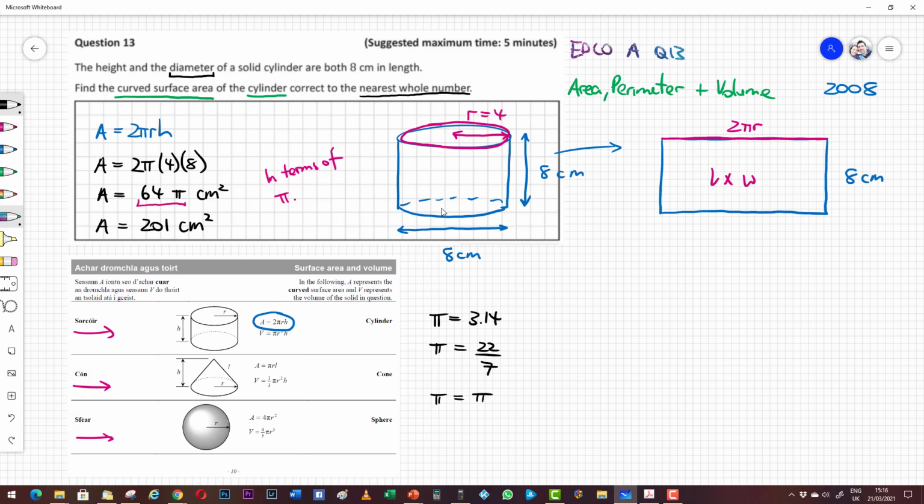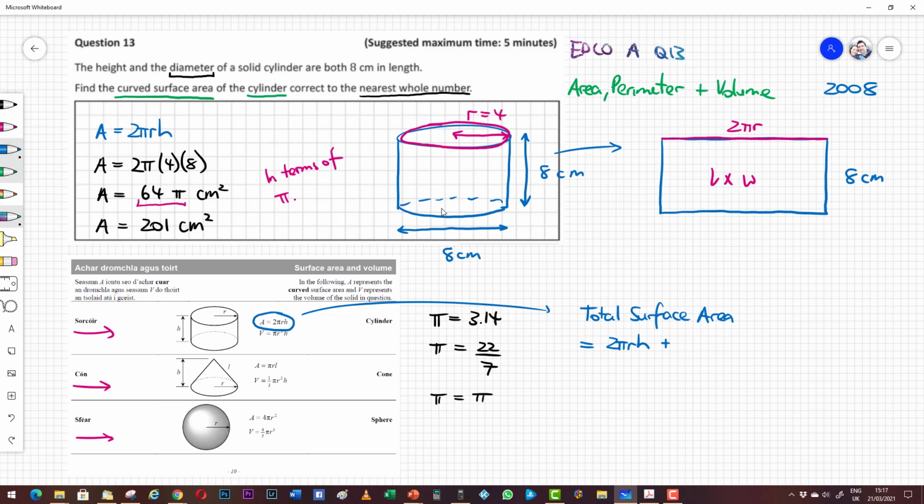Just be aware that in our maths tables, we don't have a formula for the total surface area of a cylinder. It's not asked for in this question, but just to write down that the total surface area would include the curved surface area, which is 2 pi r h, but then it would also include the circle on the top and the circle on the bottom of the cylinder.